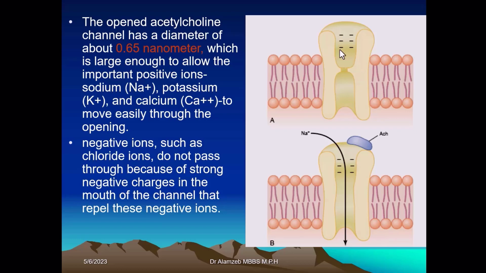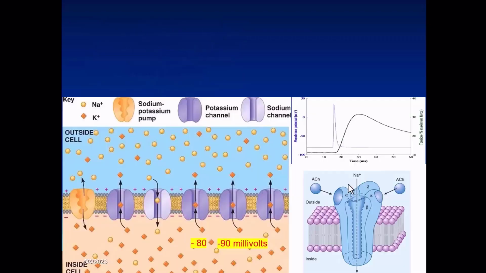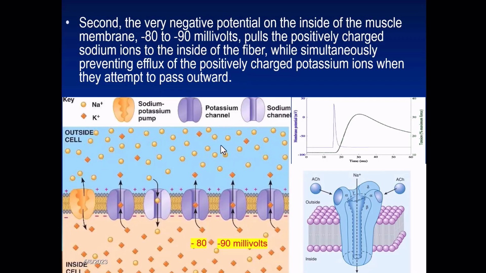You can see that the mouth of this channel is negatively charged, so it doesn't allow negatively charged ions like chloride to pass through. Outside is sodium and inside is potassium. Both are positively charged in resting condition.